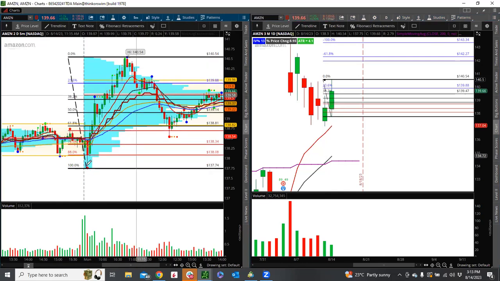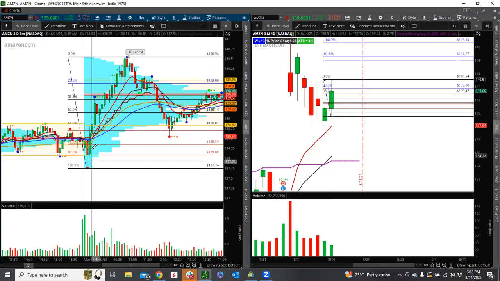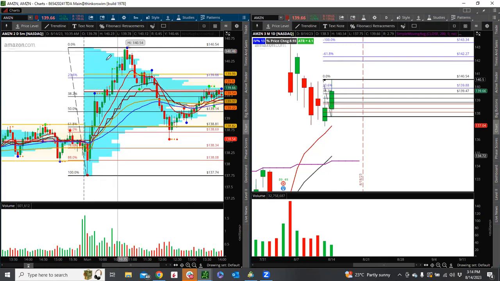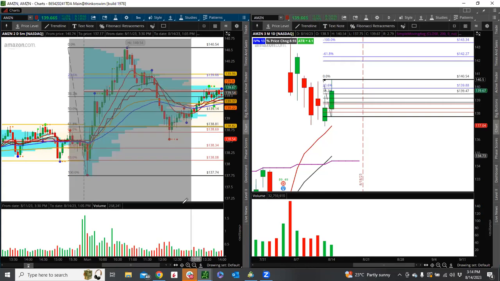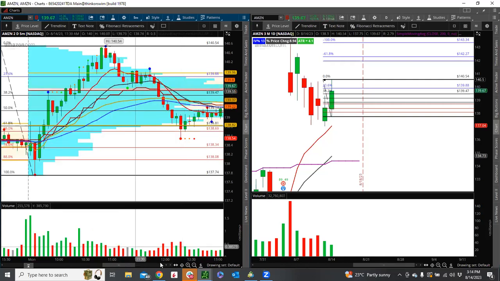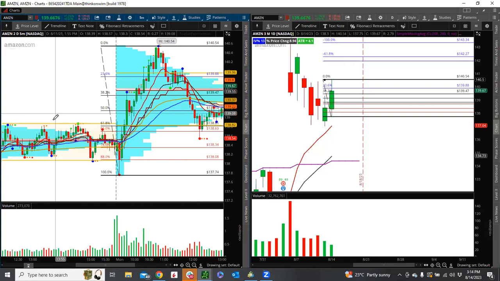Now, keep in mind, I threw on my fibs, right? My fibs are right here. So right now, here's what I'm looking to trade. I set up this entry right here.